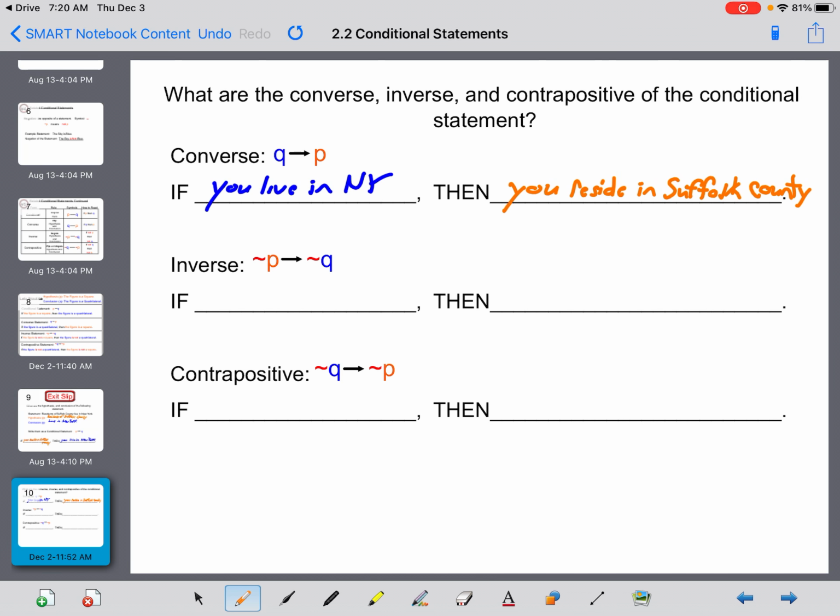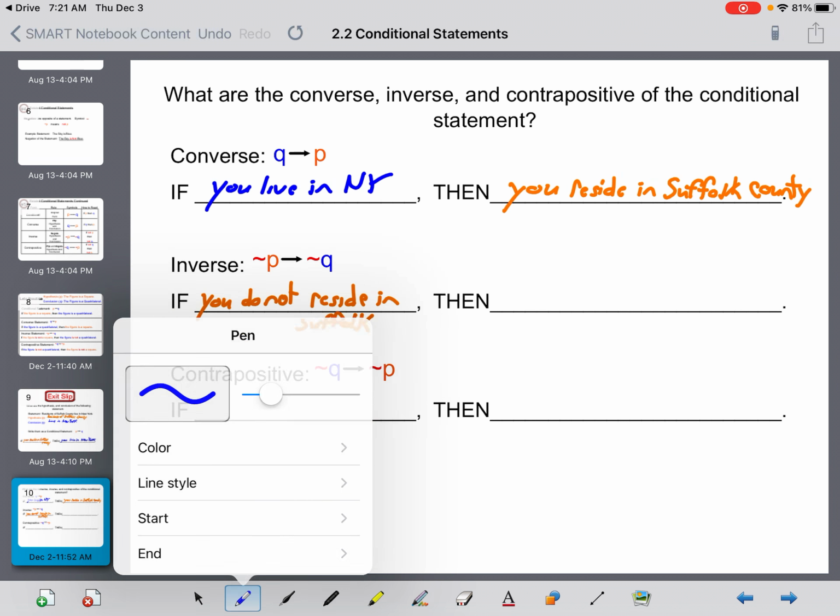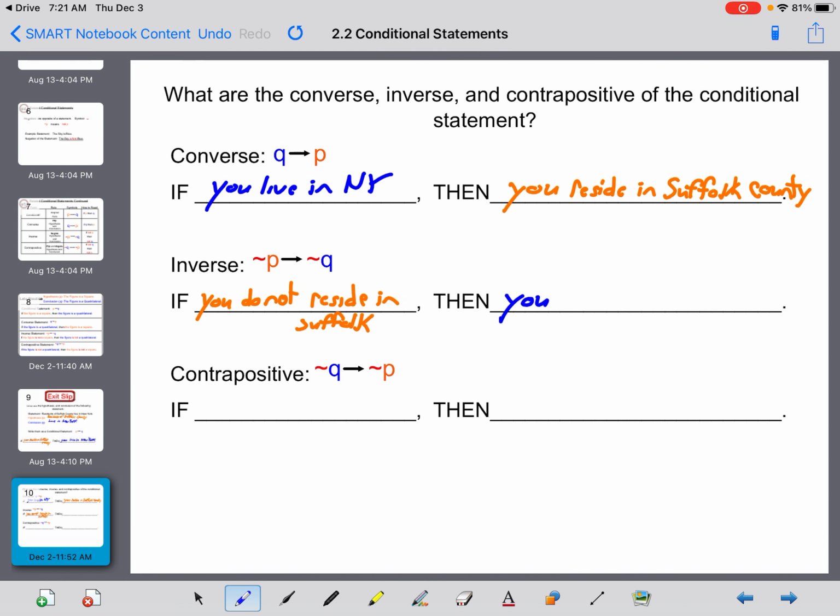Not P, then not Q. So if you do not reside in Suffolk, then you do not live in New York. The contrapositive is to flip and negate both the hypothesis and the conclusion.